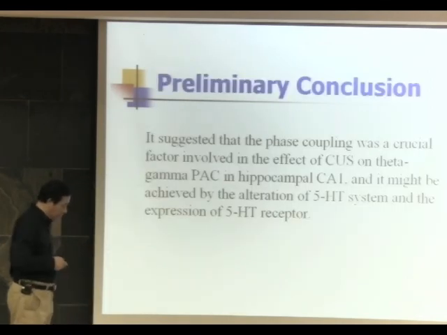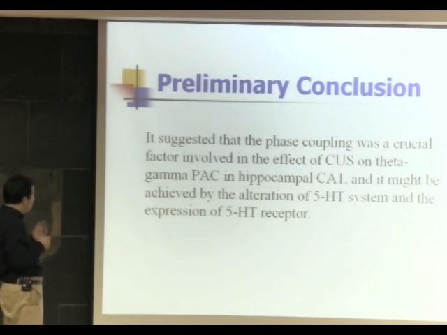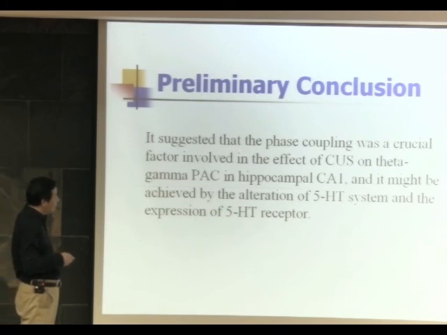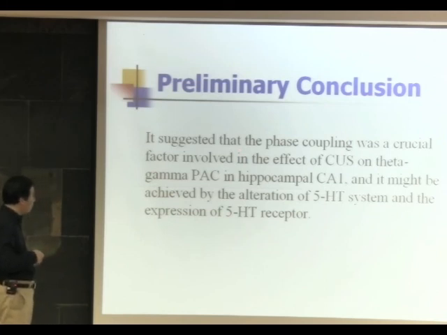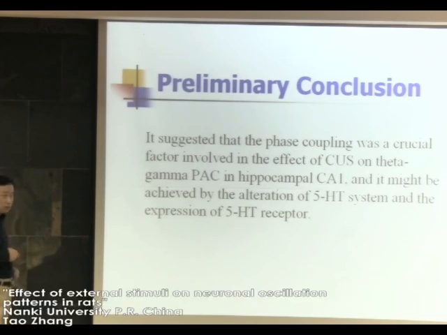So we can draw the preliminary conclusion. It suggested that the phase coupling was a crucial factor involved in the effect of CUS depression on theta-gamma phase-amplitude coherence in hippocampal CA1, and it might be achieved by the alteration of 5-HT systems and the expression of 5-HT receptors.